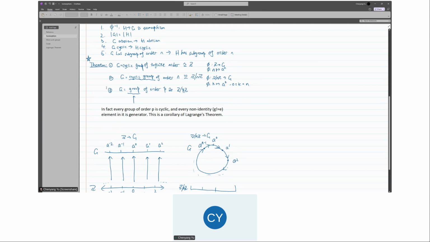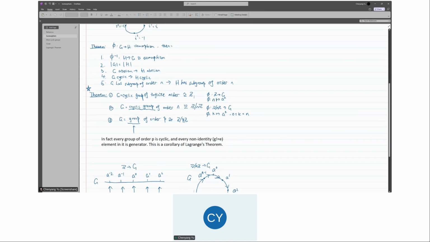And this third statement is just a special case of the second. This is the consequence of Lagrange's theorem. Maybe you want to memorize all three. You can see Z mod nZ and Z mod pZ are the only special groups.